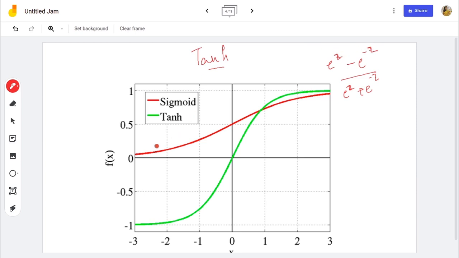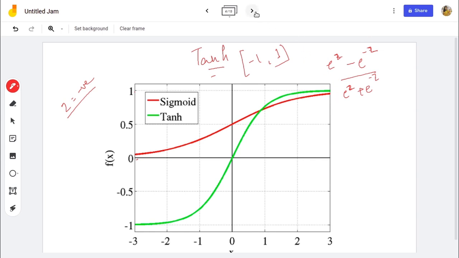Like I mentioned, sigmoid lies between 0 to 1. So for any values where you have negative numbers, suppose z is negative, it will not give a very good negative impact to that. So you have the tan h function which lies between -1 to 1, and this is the equation of a tan h function.